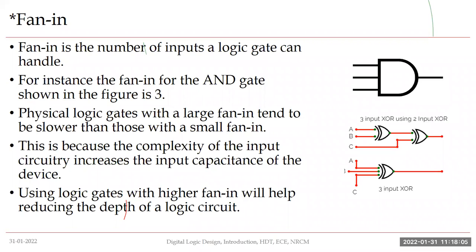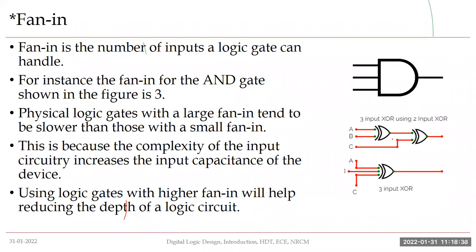Generally, fan in is not a very good marker. However, once we are talking about output, let's consider the input also. The fan in is defined as the number of inputs that can be connected to a circuit. Here you can see this is a 3-input AND gate. If my fan in is small, I will need more gates to implement higher logic.